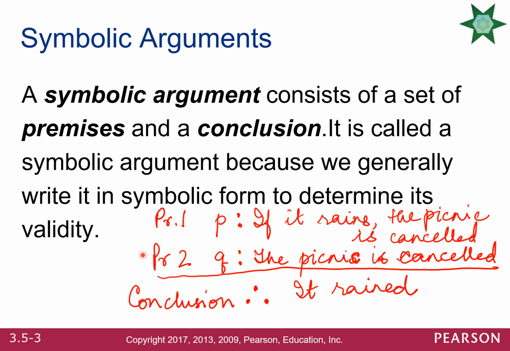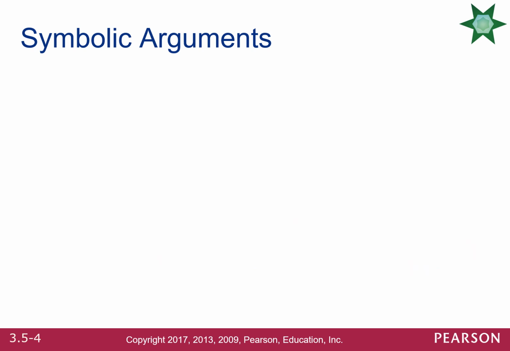If it is not valid, we use a term called fallacy. There's a fallacy in the argument. We are going to learn here how to go about that process of validating an argument and deciding whether it is correct or incorrect.